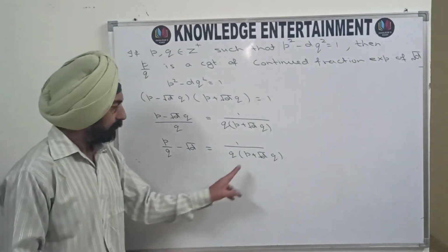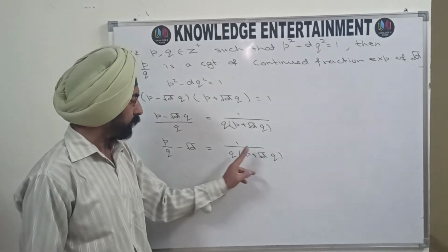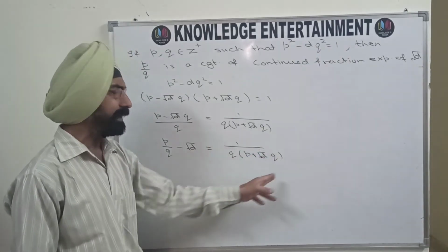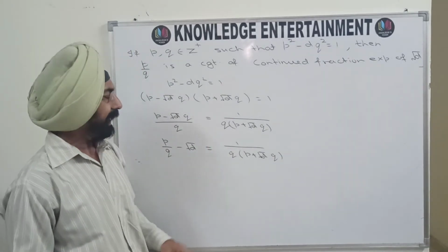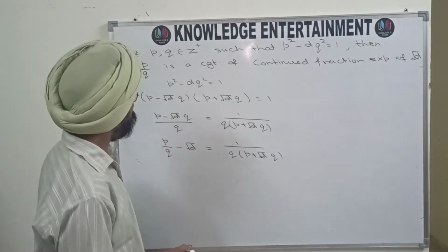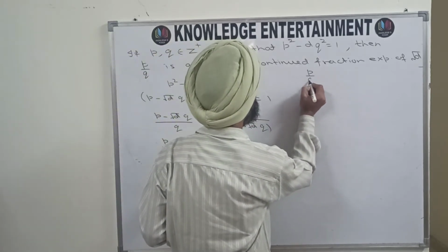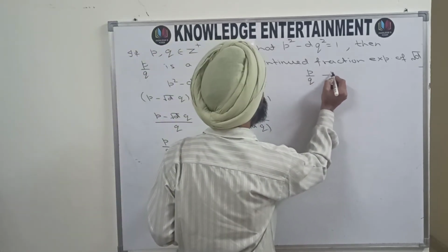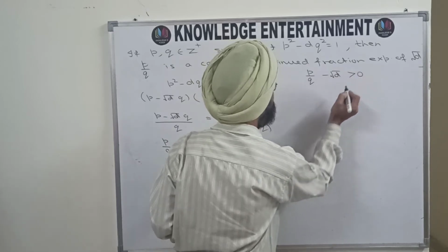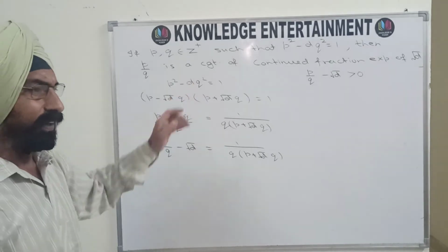Now look, p is positive, root d is positive, q is positive, so the right hand side is a positive number. And if the right hand side is positive, the left hand side must also be positive. So what we have obtained is that p upon q minus root d is positive. This is our first step.